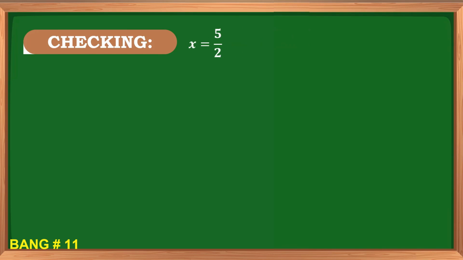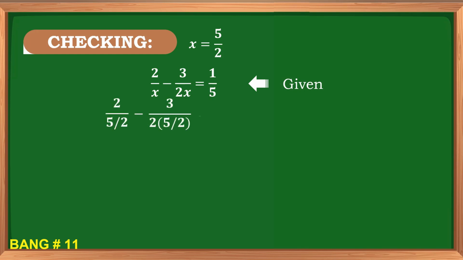To check if our solution is on the right path, let's do the checking process. Using the original equation, substitute the value of x. So this shows 2 all over 5 over 2 minus 3 all over 2 times the quantity 5 over 2 is equal to 1 over 5. By simplifying, perform the operations on fractions.